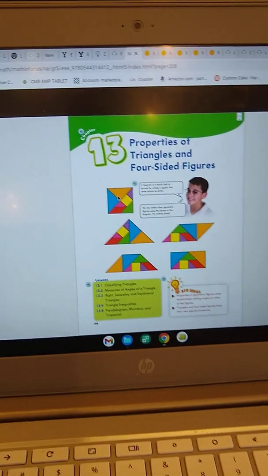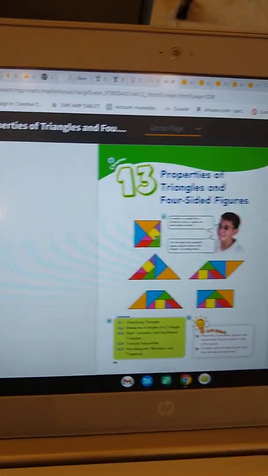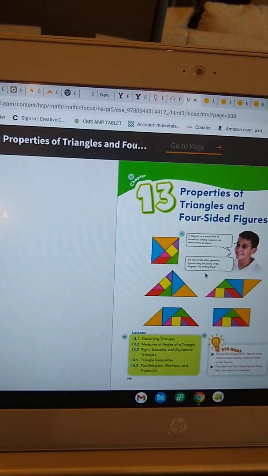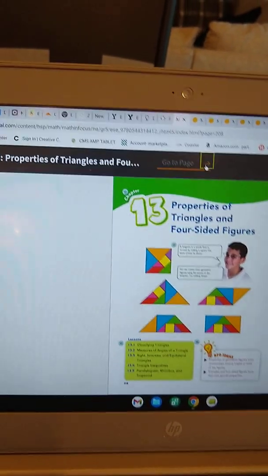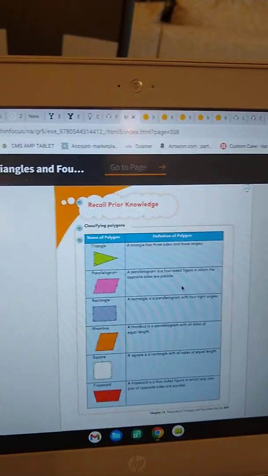So go ahead and pull that up on your computer. A tangram just has all those different triangles and shapes put together and how those kind of fit together. That's kind of what we're going to be talking about and thinking about. So let's go ahead and go to the next page. Oh, whoops. So we're going to go to the next page. This is the page that's more important than the first page.